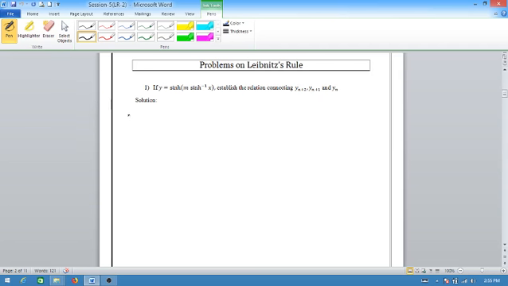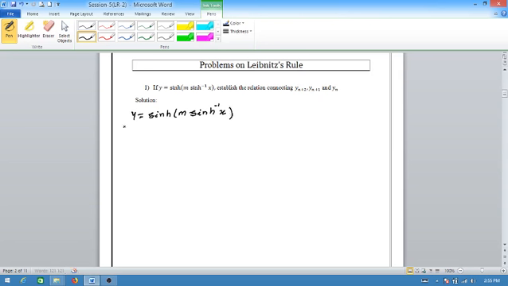Let us consider the given function as y is equal to sine hyperbolic m into sine hyperbolic inverse x.